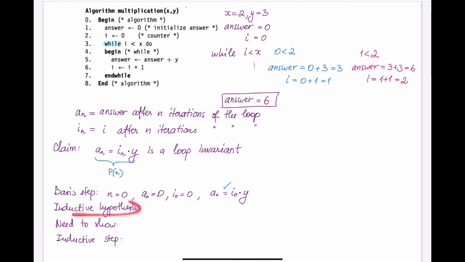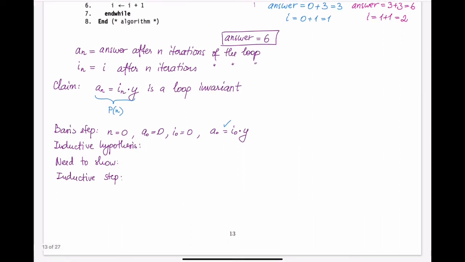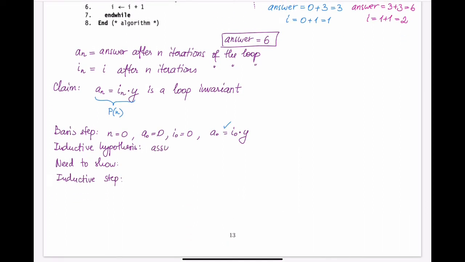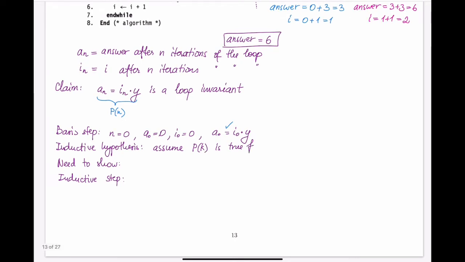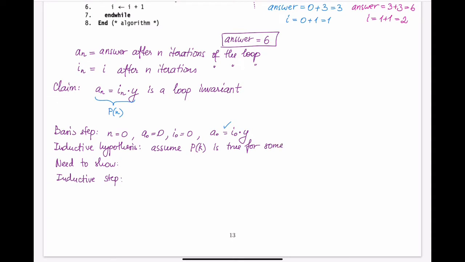Once we've shown the basis step, we can move on to the inductive hypothesis. Remember that in the inductive hypothesis, all I'm doing is assuming that P of k is true for some k that is at least as big as my base case, which is 0. Let's write out what P(k) being true means: this property holds for the kth loop iteration.